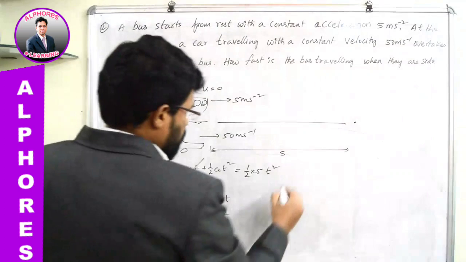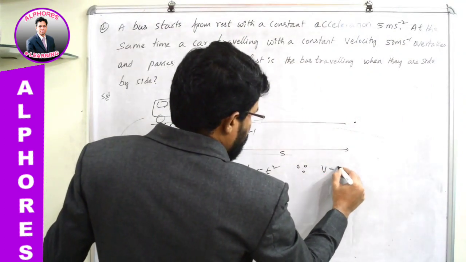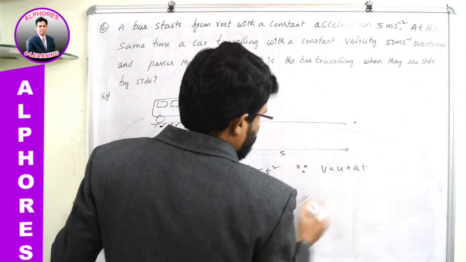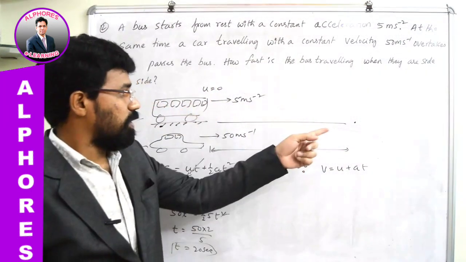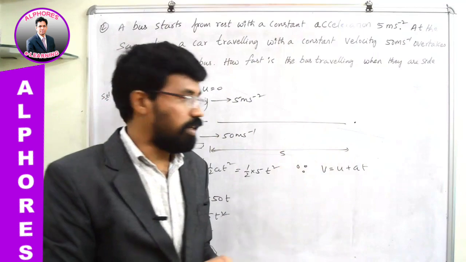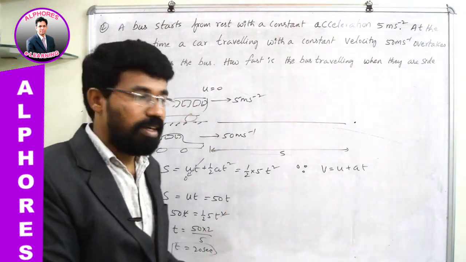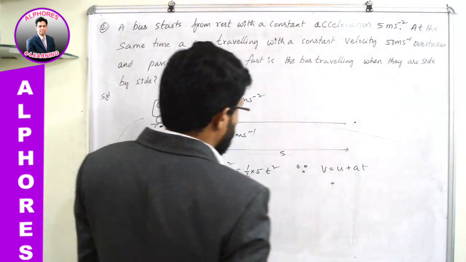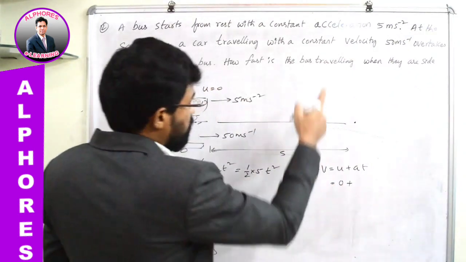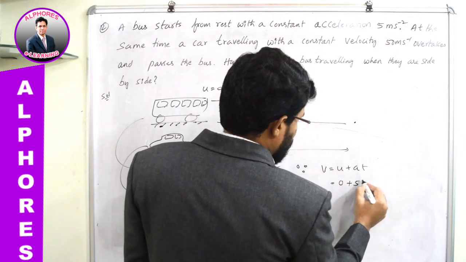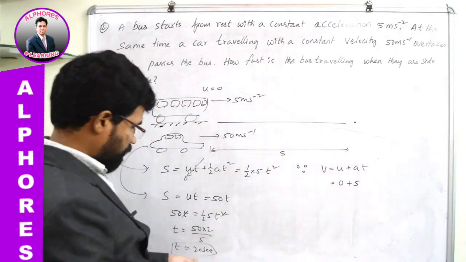Now, since v is equal to u plus at, I used this equation because I wanted to find the final velocity of the bus when it is overtaking the car, when it is just beside the car. So v is equal to the initial velocity, it has started from rest, so 0, plus a, which is 5 meter per second square, into the time, 20 seconds.